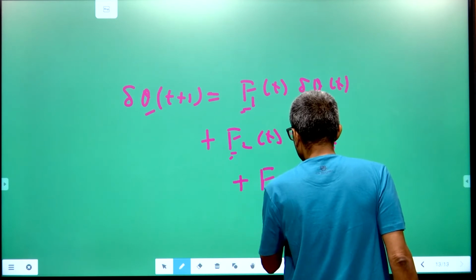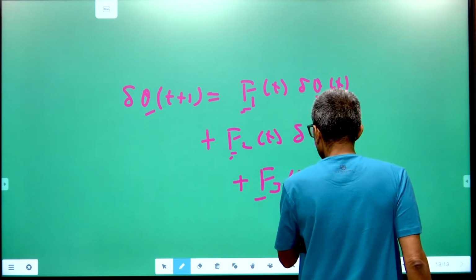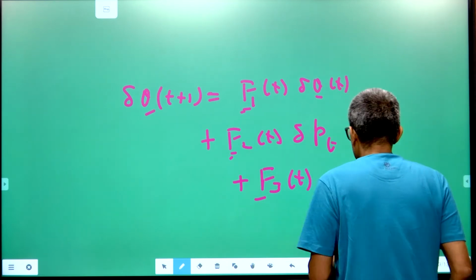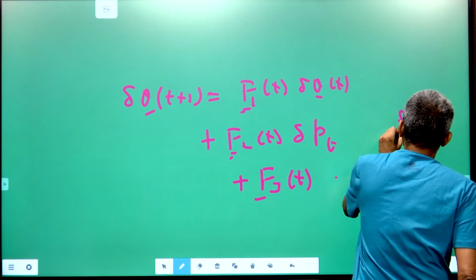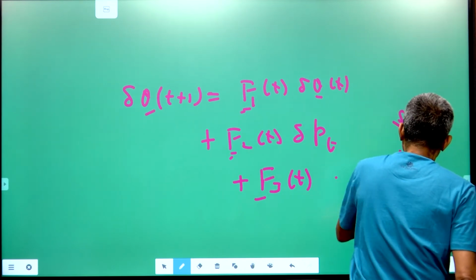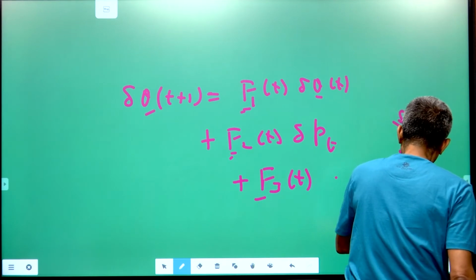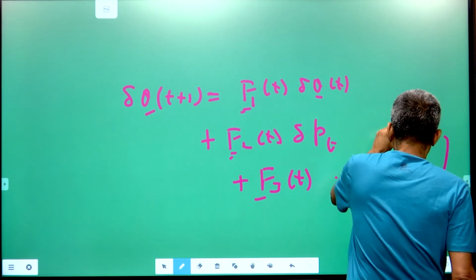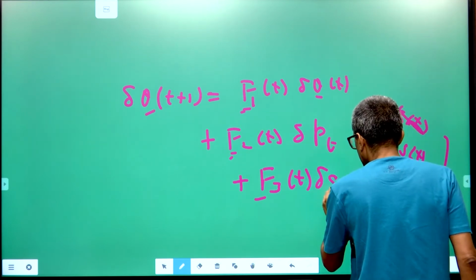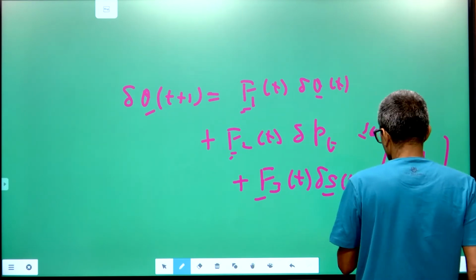Then you could have a measurement error in measuring the signal to which it is correlated. Of course, you are using all the signals of the past. So, if I call say s t, if I denote that vector by s t, that means this is s t minus 1 etc. s t minus d. If I call this whole vector as vector S t, then it will involve something like delta S t. Okay.